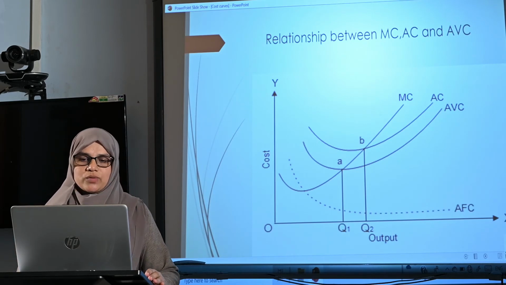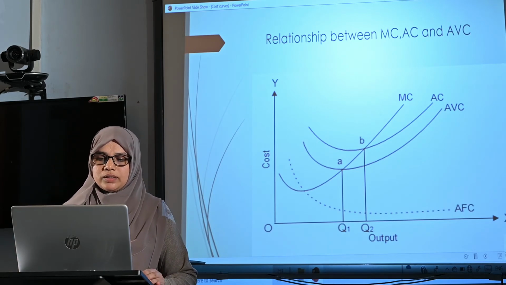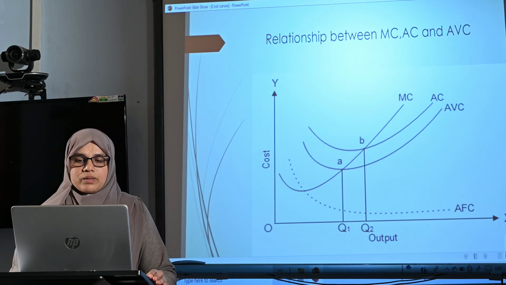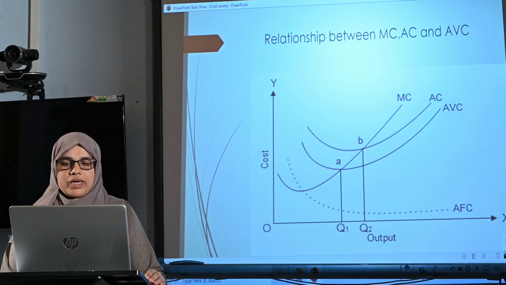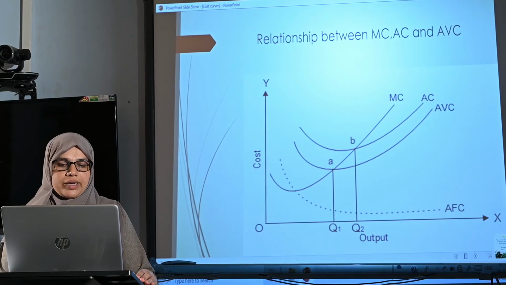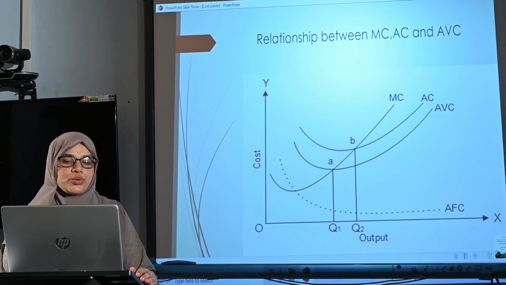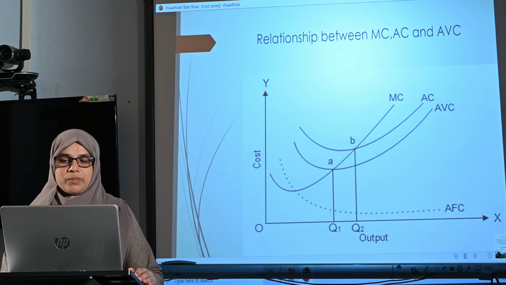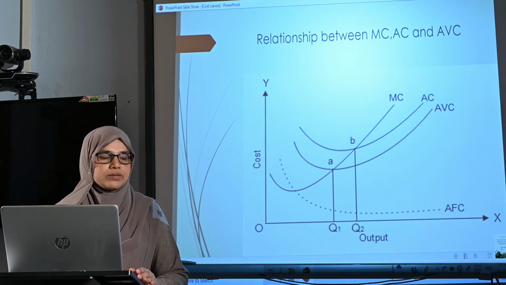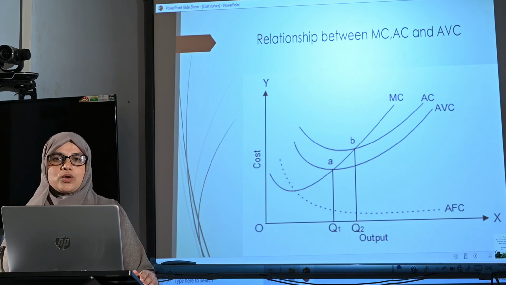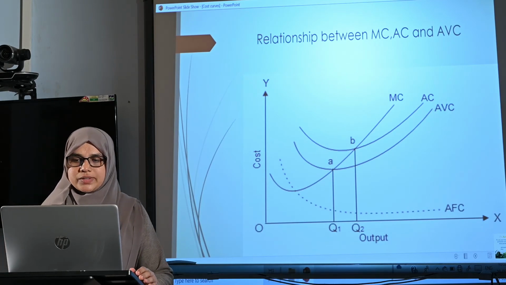And as we have already seen, minimum point of AVC curve is at point A at Q1 level of output, which is less than Q2 level of output, which shows the minimum point of AC. This is because AC includes AFC besides AVC.